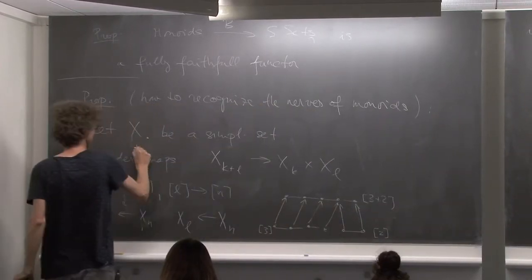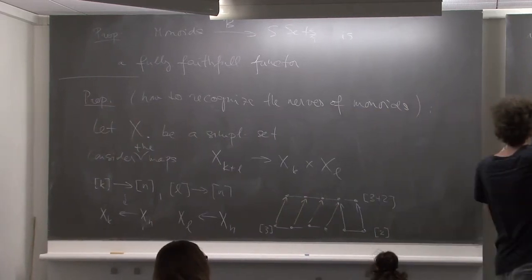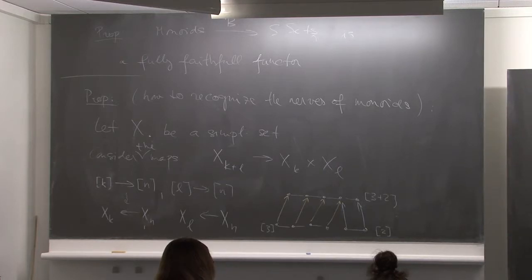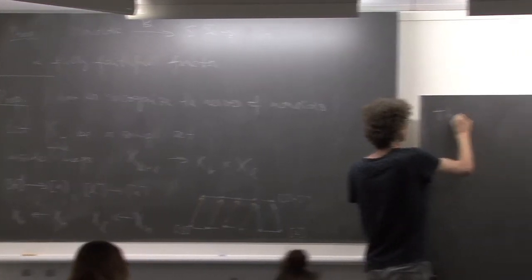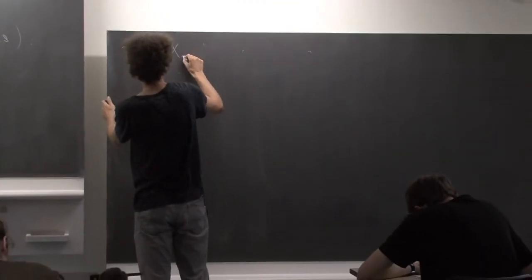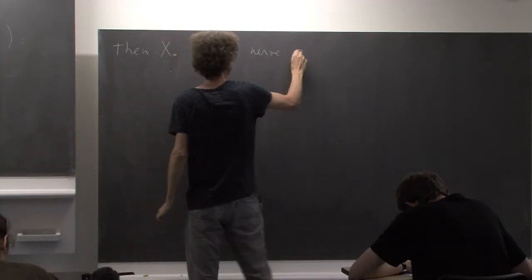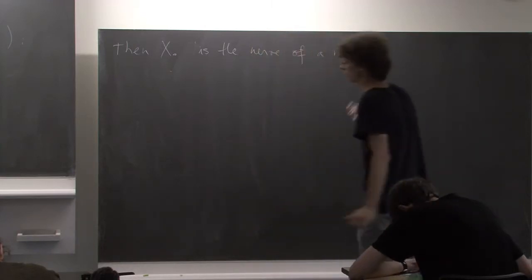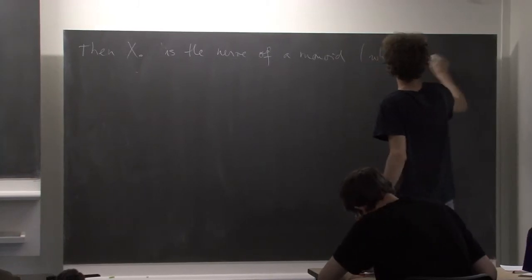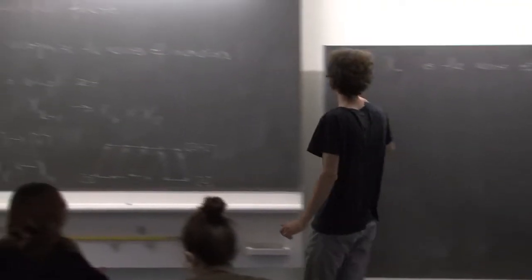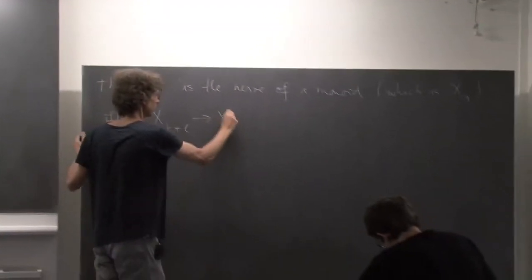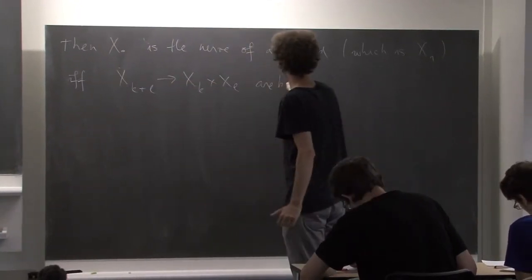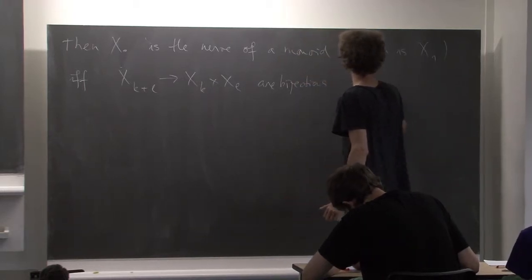So you should write these maps. Then X is the nerve of a monoid, and that monoid is necessarily X_1, if and only if those maps are bijections for every k and l.